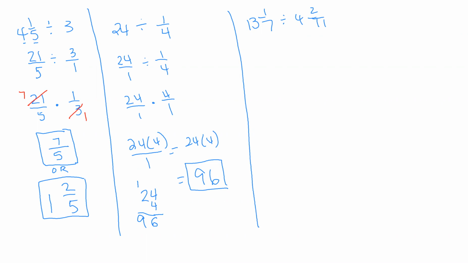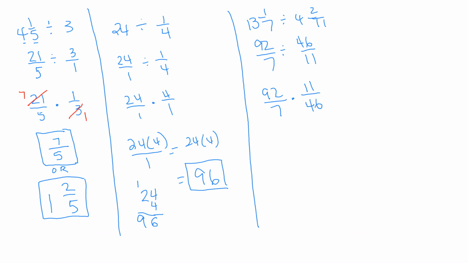You should get 91. Add the numerator, so that's going to give us 92 over 7. For the next mixed number, we take 11 times 4, which is 44. Add 2, so I get 46 over 11. All right, now I write this as multiplication, so I get 92 over 7 times 11 over 46.